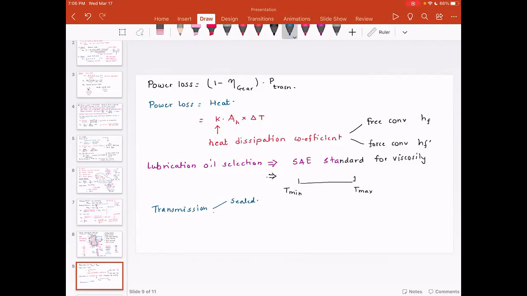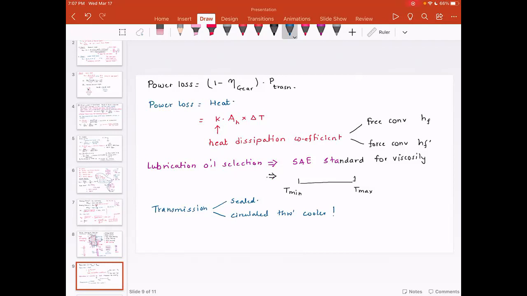Some gear transmissions are not sealed, but the oil is circulated through a cooler, which means the oil on its own cannot dissipate the heat directly because there is not enough area.